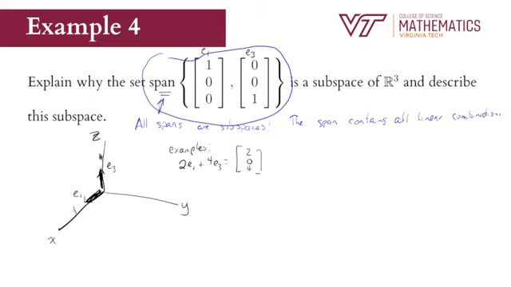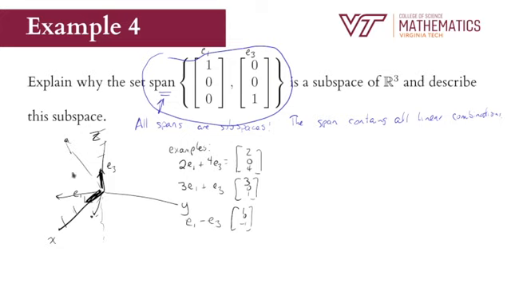That's 2 units in the x direction and 4 units up in the z direction. That's that vector there. Let's see, 3E1 plus E3 is the vector 3, 0, 1. We can go 3 units in the E1 direction and 1 unit up in the E3 direction. And that's that vector there. E1 minus E3 goes 1 unit in the E1 direction and 1 unit down in the negative E3 direction. And that's that vector there.